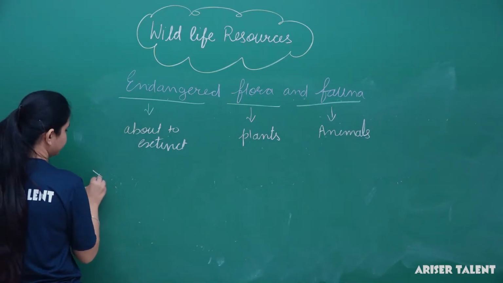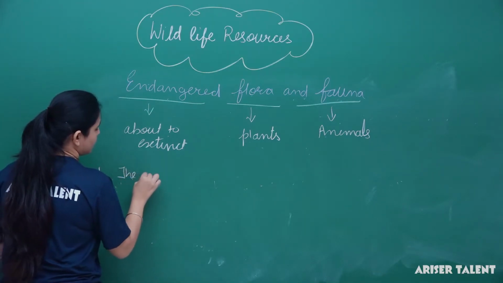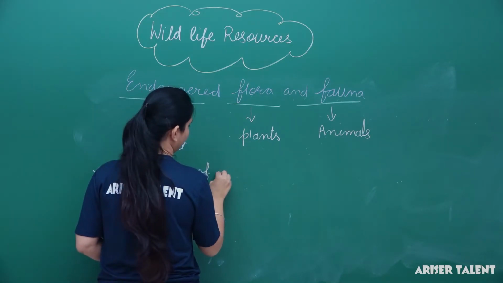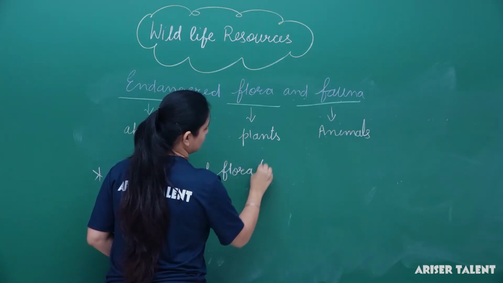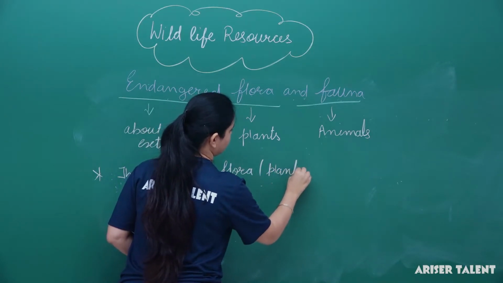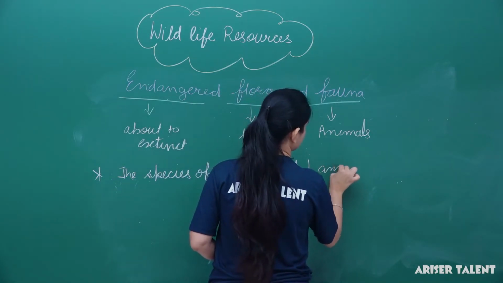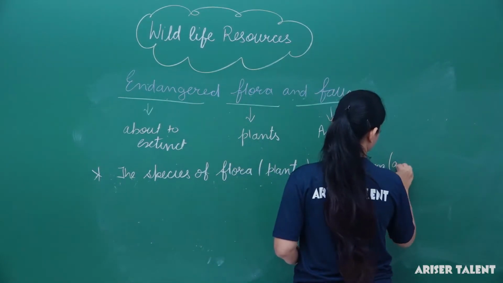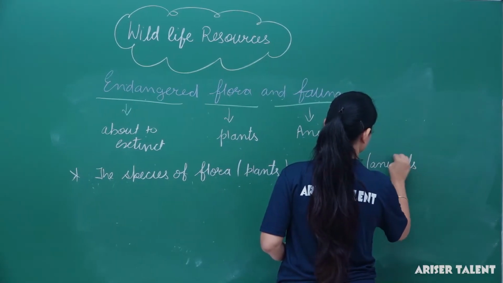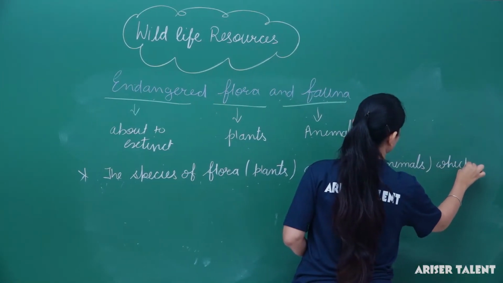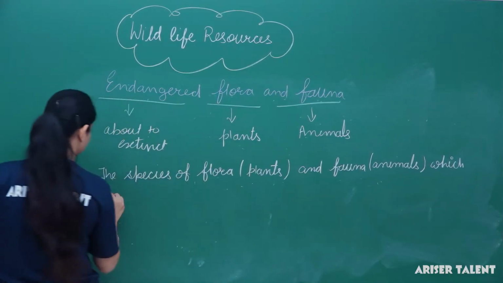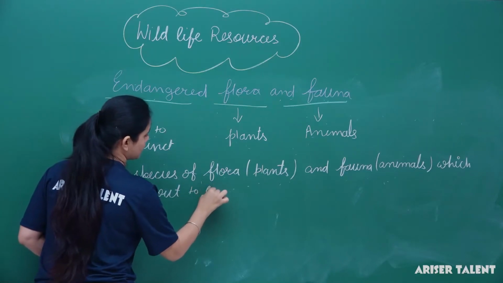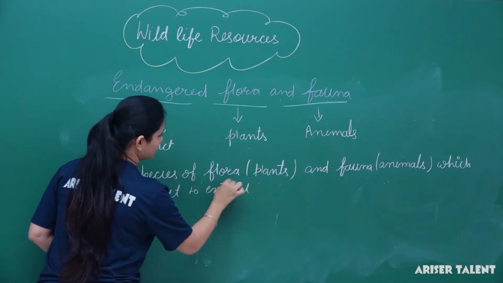Here I should mention the species of flora, meaning plants, and fauna, meaning animals, which are about to become extinct.